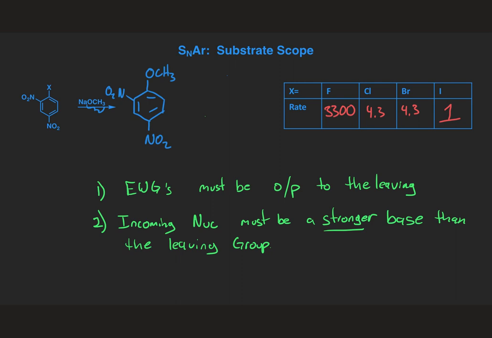So this means things like N minuses, so sodium amide is also a good nucleophile. In this reaction, we've seen O minus, like OH minus and methoxide. Those are good nucleophiles in this reaction as well.